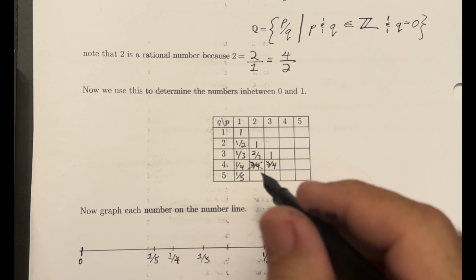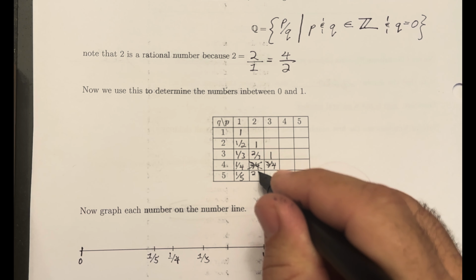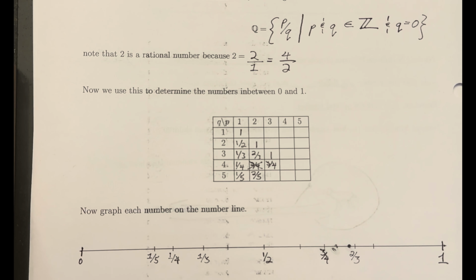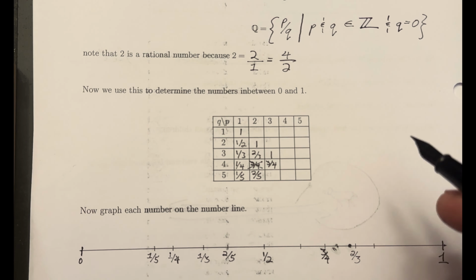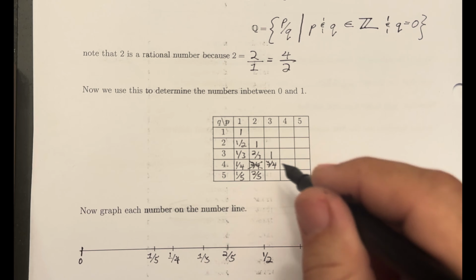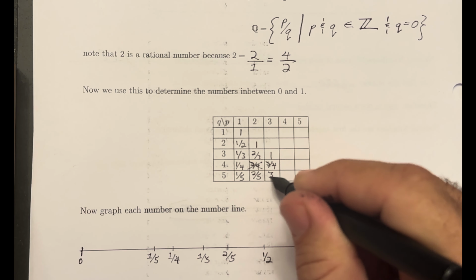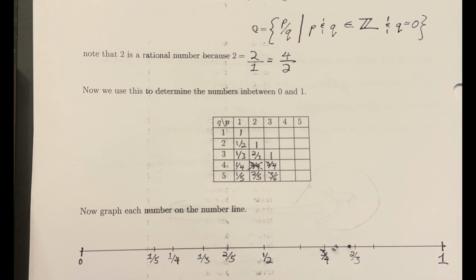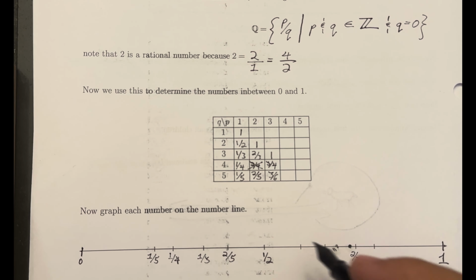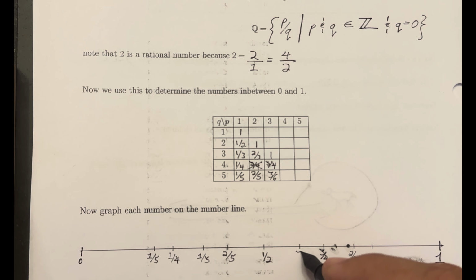And then we go to the next one, 2/5. 2/5, that's less than a half, and that goes right here. Right? That's 0.4. Next, we go to 3 over 5. 3/5, that is 0.6. 3/5 exists right here in this spot.